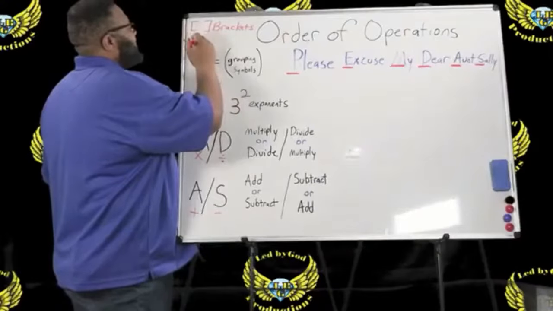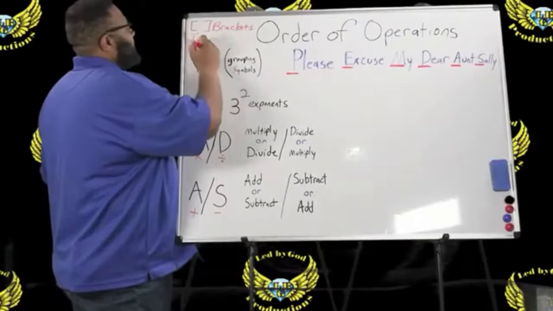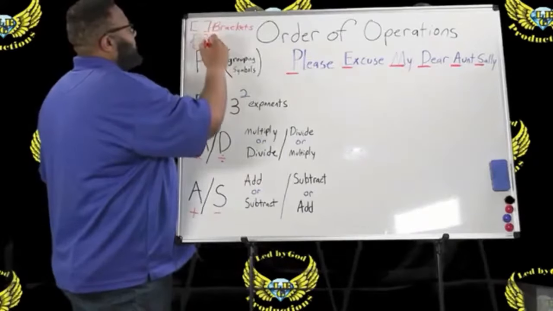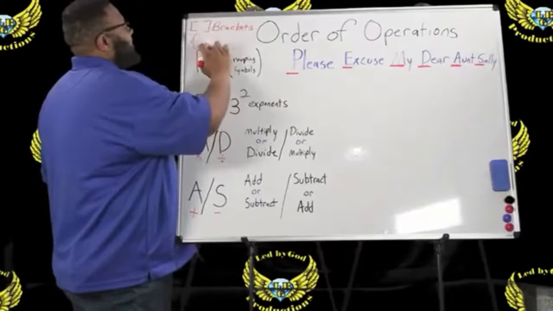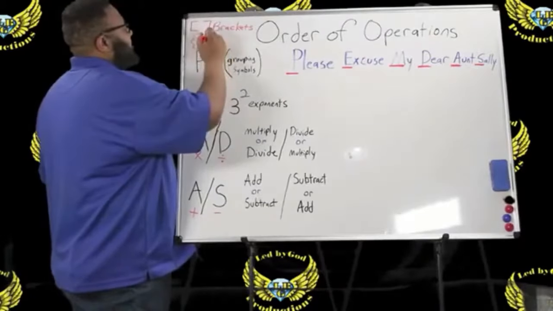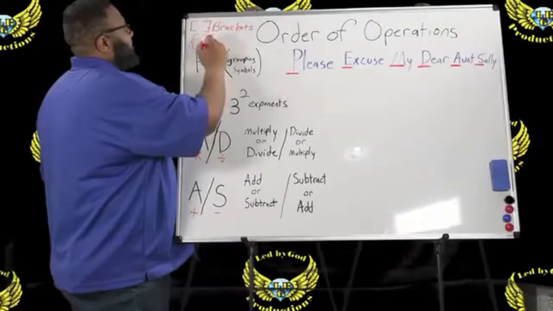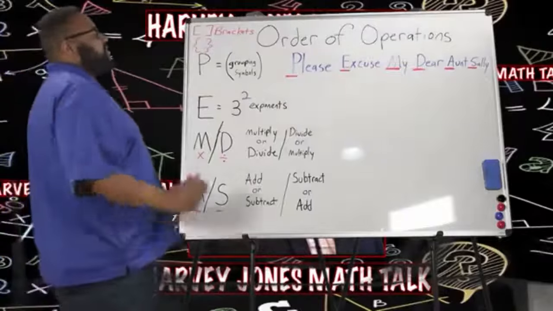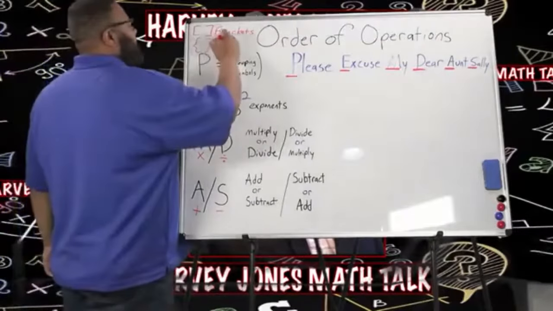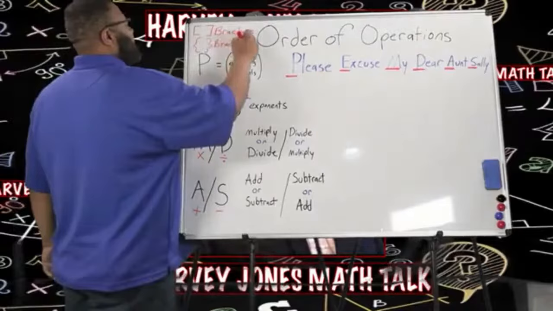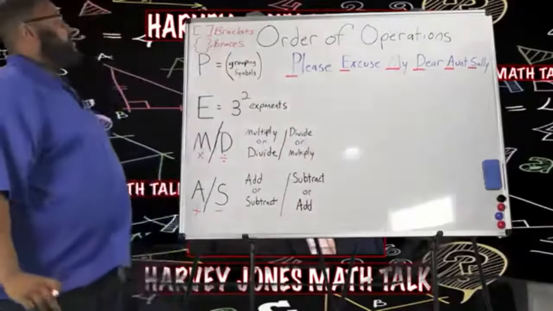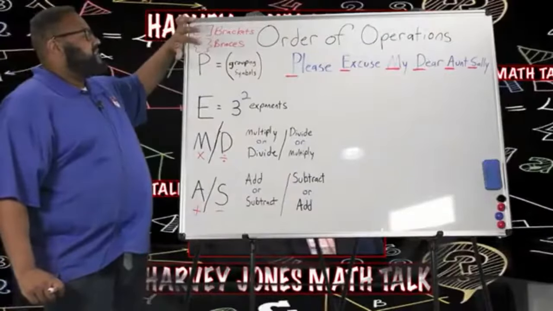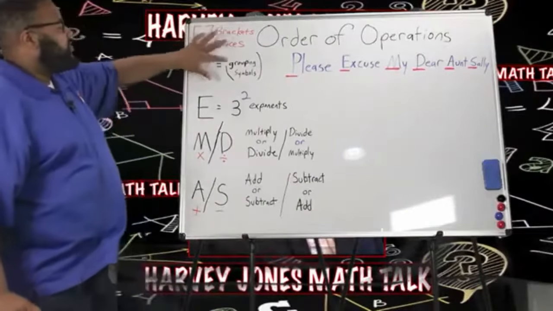I have a hard time drawing this, folks. This is on your keypad as well. These are called braces. So you have brackets, you have braces, and of course you have your parentheses.